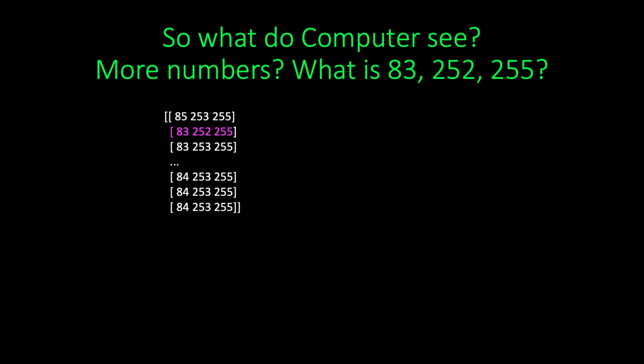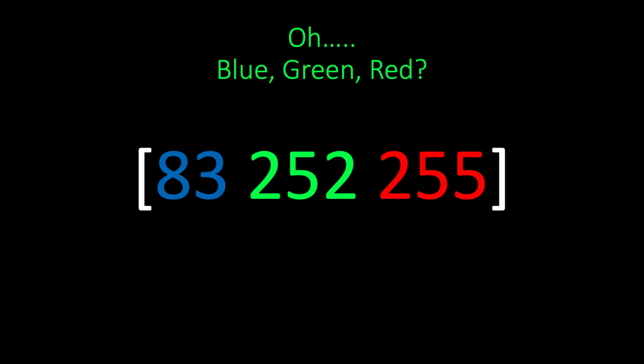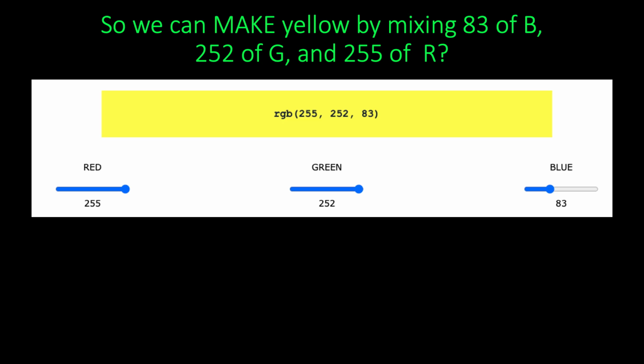What it is telling us is blue of 83, 252 of green, and 255 of red. So green and red are almost similar, 255, 255, that's the color yellow, and there is some amount of blue mixed in as well. So why are these three numbers getting mixed? They are getting mixed to give us yellow, and here is a quick proof.